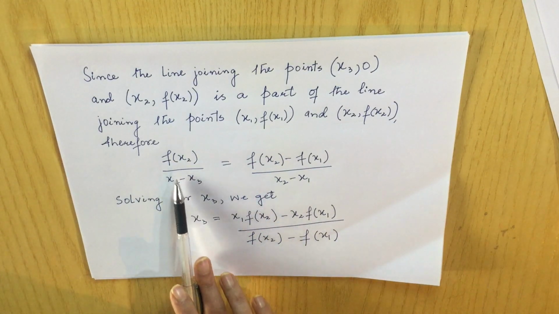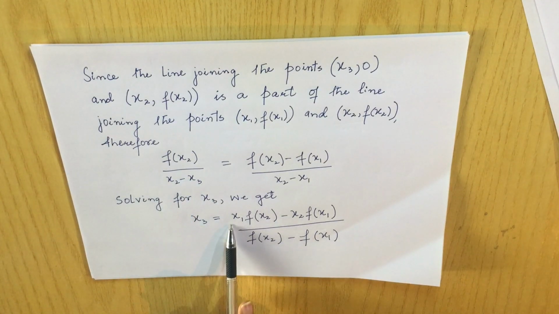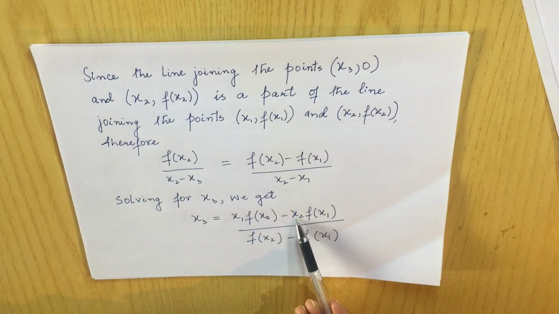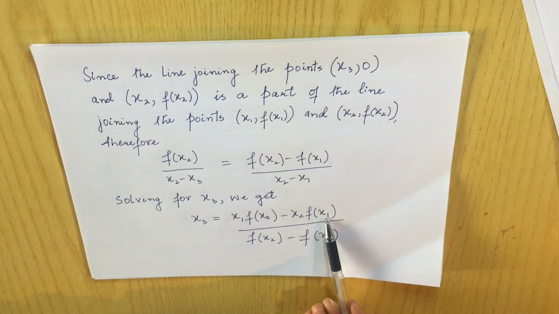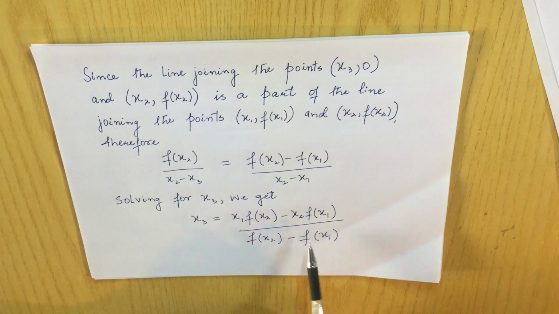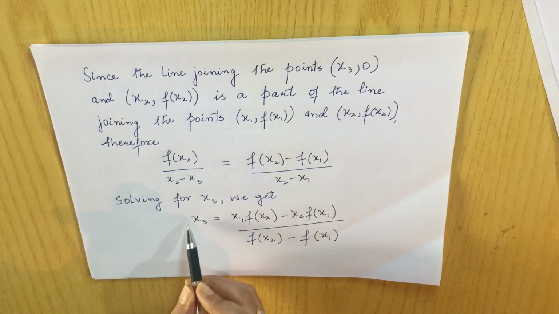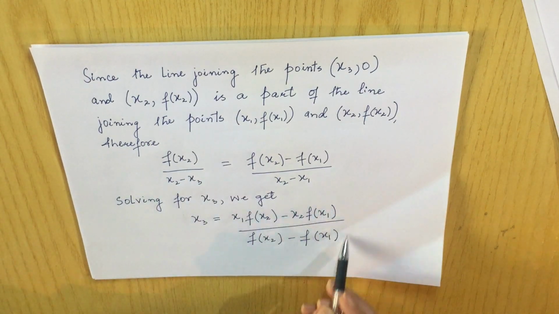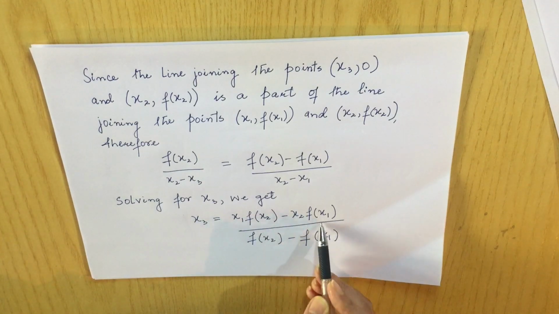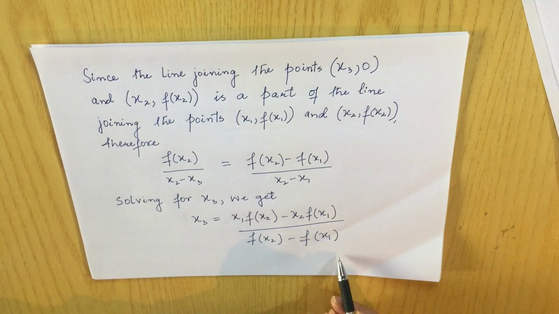When we solve it for the x3 value, x3 is equal to x1 f of x2 minus x2 f of x1 divided by f of x2 minus f of x1.